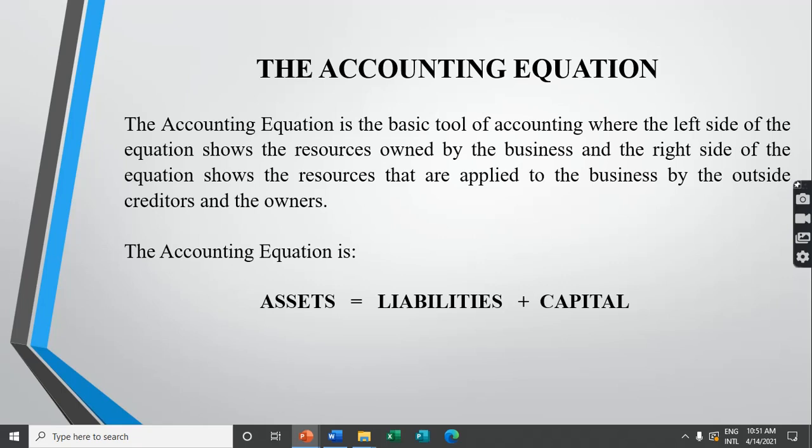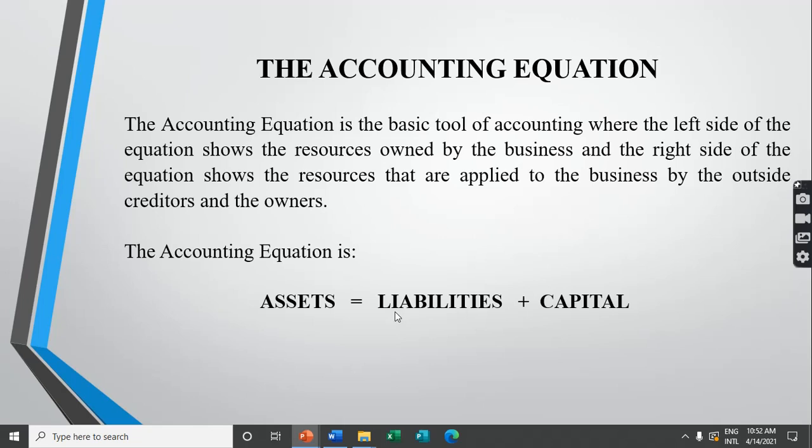Now, let's talk about what the accounting equation is. It is the basic tool of accounting where the left side of the equation shows the resources owned by the business. What did we say about assets? This is your wealth, or your resources in the business. The right side of the equation shows the resources that are applied to the business by the outside creditors and the owners.